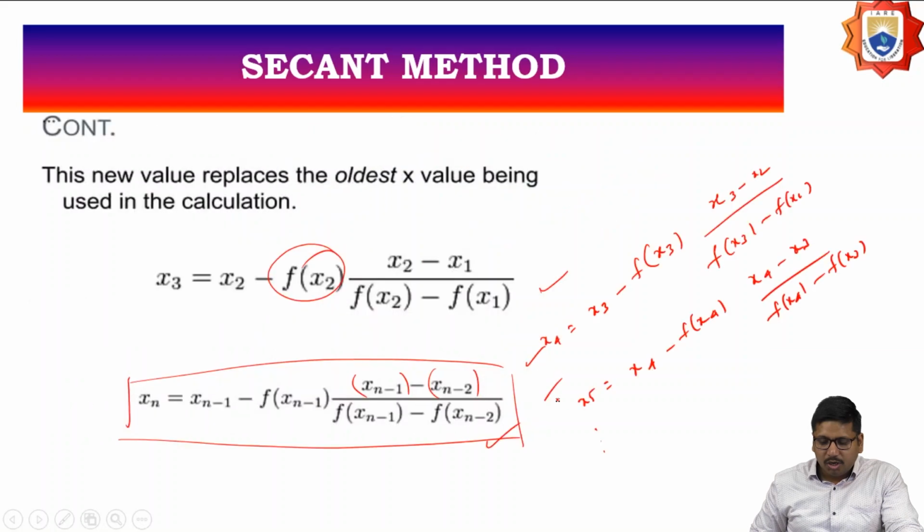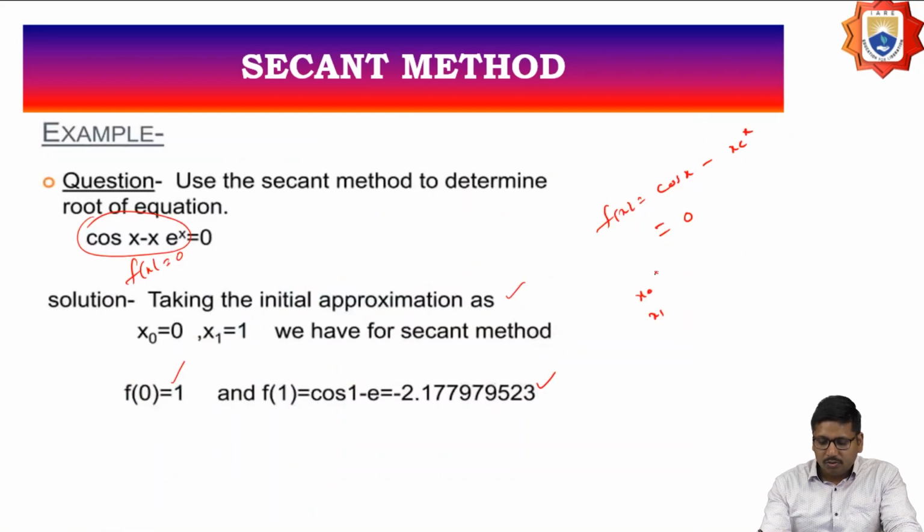By substituting these values, I can get the values at x0 and x1. For f(0), it is 1 automatically, and then for f(1), I substitute 1 in the equation. That is cos 1 - 1 * e^1, so cos 1 - e. This value is -2.177.